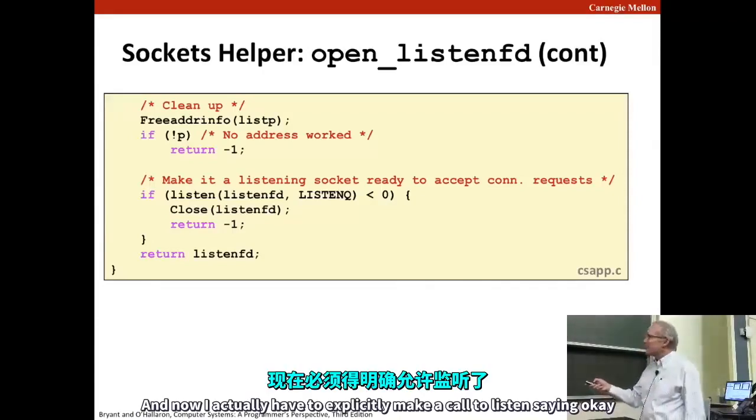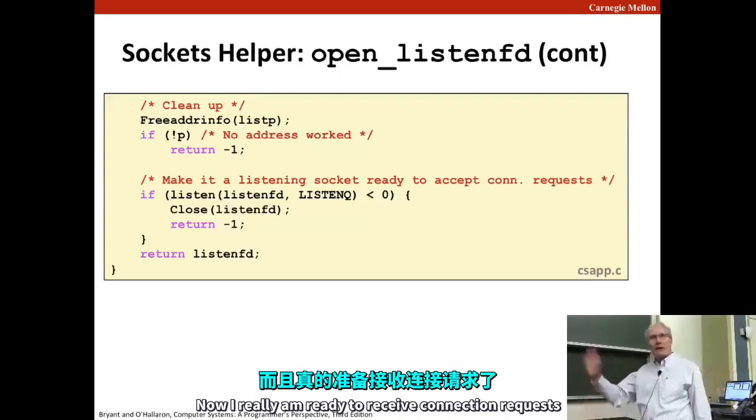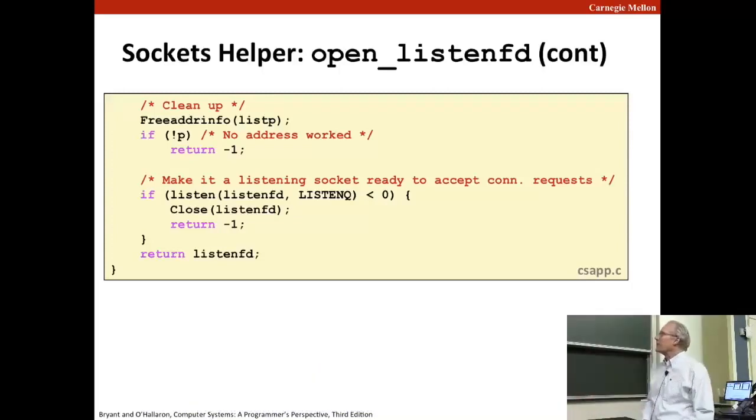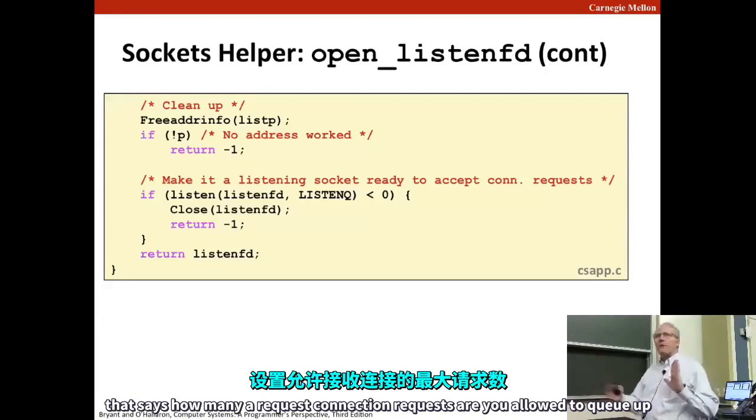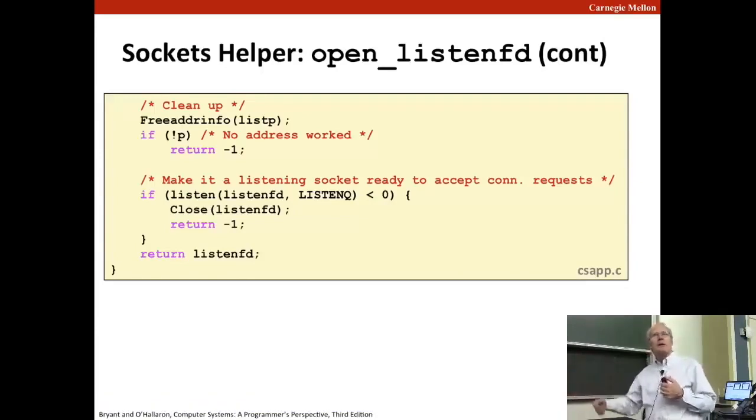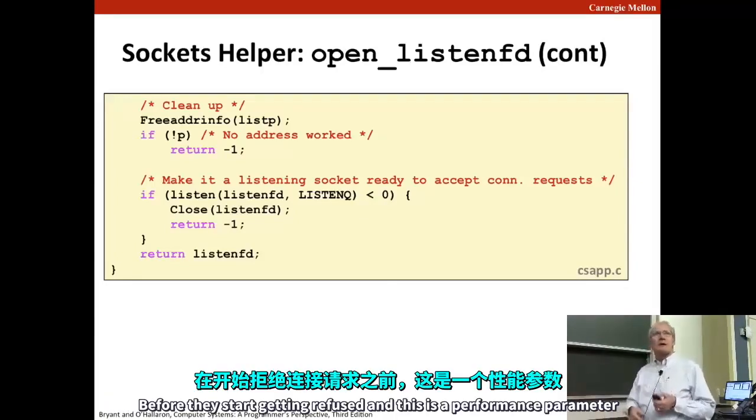And now I actually have to explicitly make a call to listen, saying, okay, now I really am ready to receive connection requests. And you can give as a parameter a number that says how many connection requests you are allowed to queue up before they start getting refused.